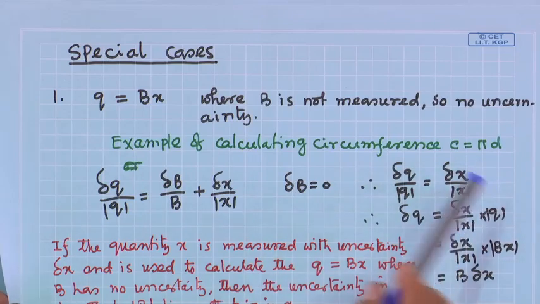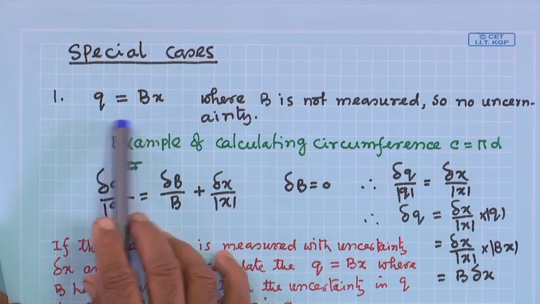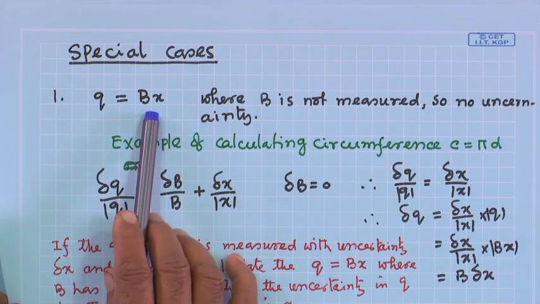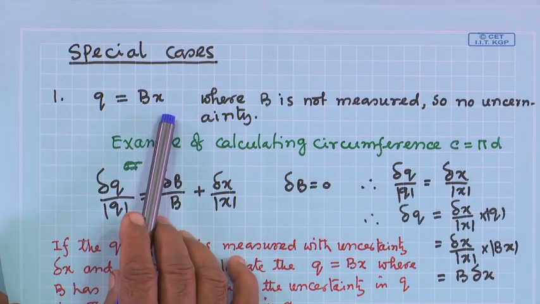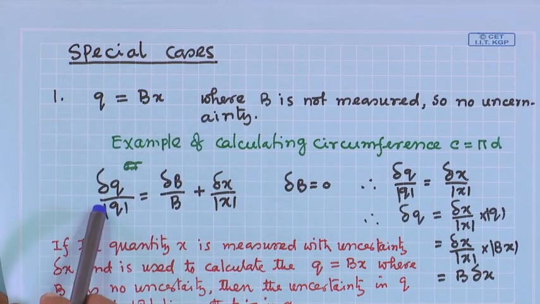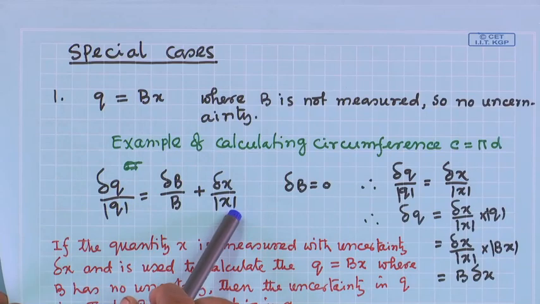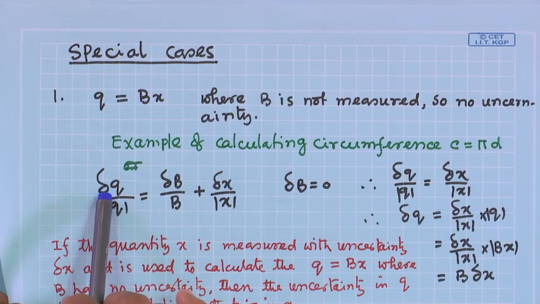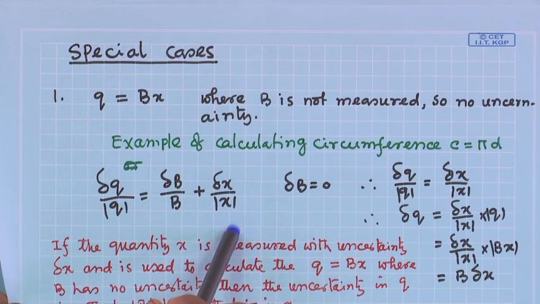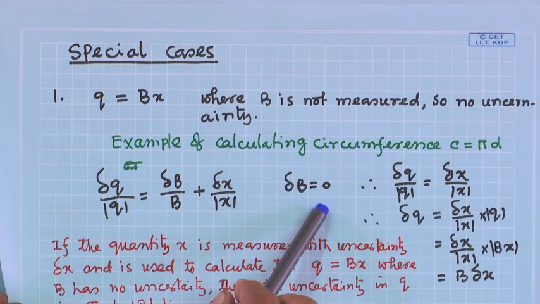So, here you can take it as just a product form of b and x. For a product, what happens? The relative errors of both are added. So, I can write del q by q equal to del b by b plus del x by x, and del b equal to 0.